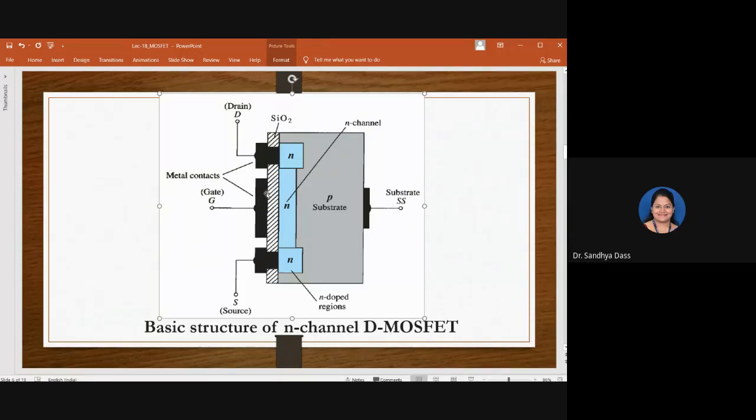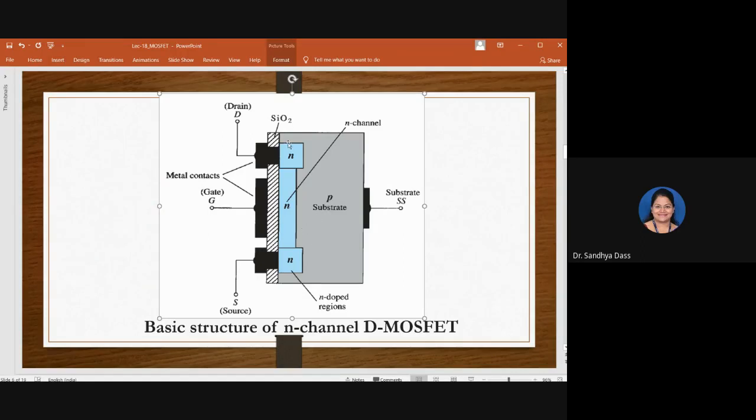All right. So you observe this white layer, which is a silicon dioxide dielectric material or an insulating material. Because of this silicon dioxide, there is no direct electrical contact between these leads and the substrate or the semiconductor material. Are you with me so far? I'll repeat.